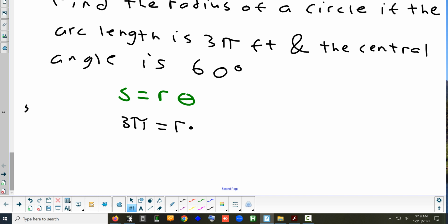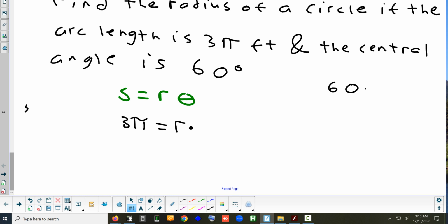And do I know theta? 60. Okay, there is an angle of 60 in this problem, but that's part of it. What do I need to do? I have to convert it to radians.